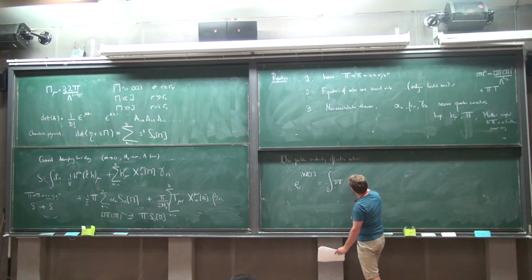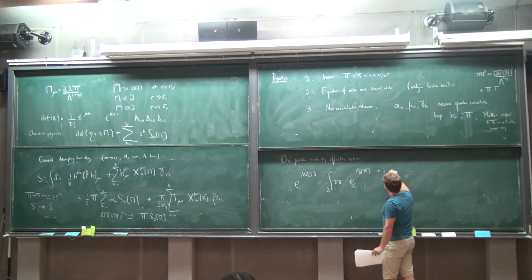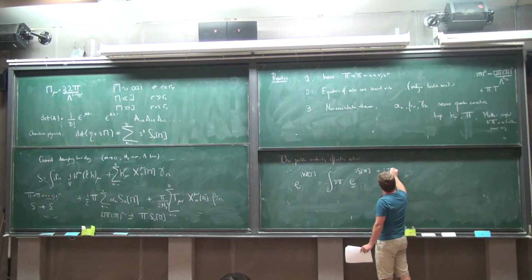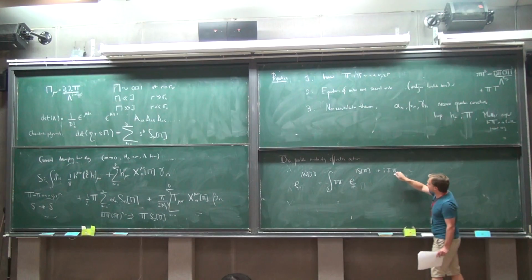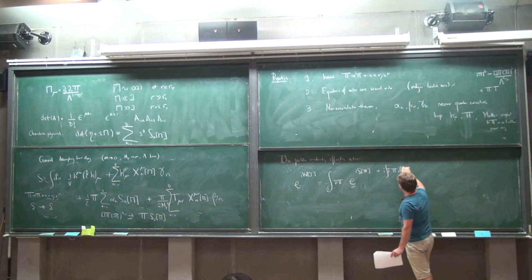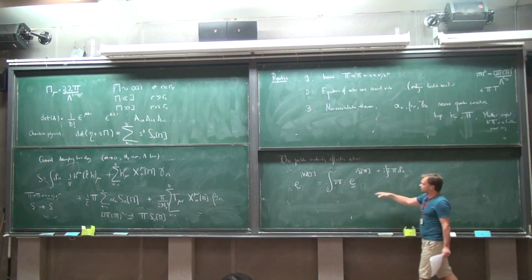Pi is our scalar. We'll just focus on pi. You've got some action of pi, then you define the generating functional by adding in a source for pi, and then performing the path integral.